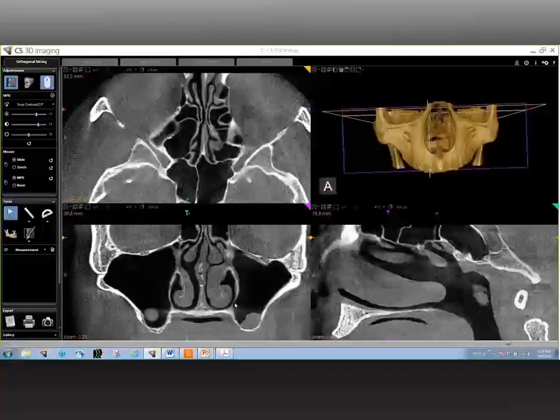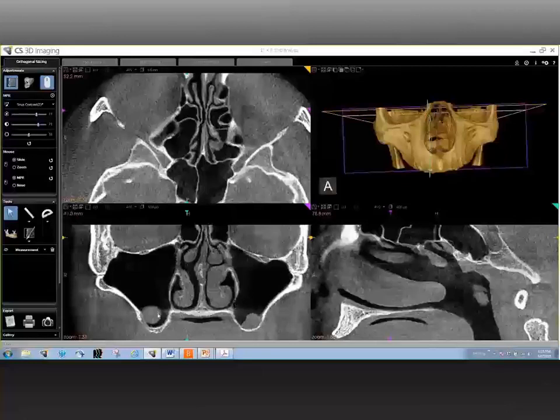Now, of course, in this case, it just looks like polypoid-like lesions on the right, maybe a little bit of exaggerated mucoperiosteal thickening on the left. Now, it is important to note that there's always some part of the mucoperiosteal layer that could be a little bit inflamed due to the non-sterile nature of the sinus by itself. But something of this nature probably should be of a little bit of a concern.